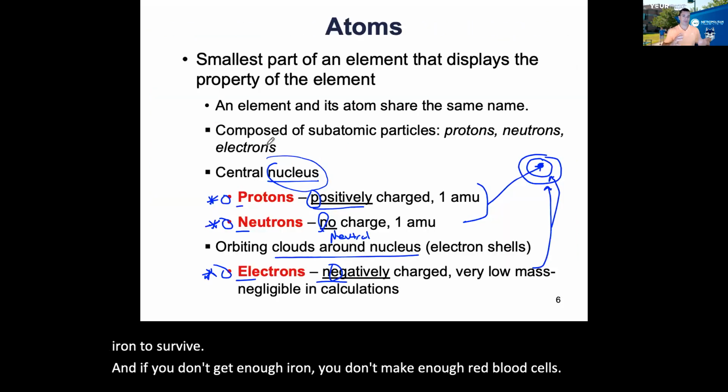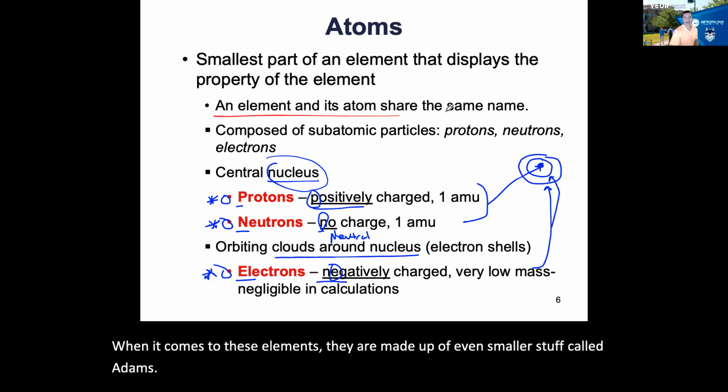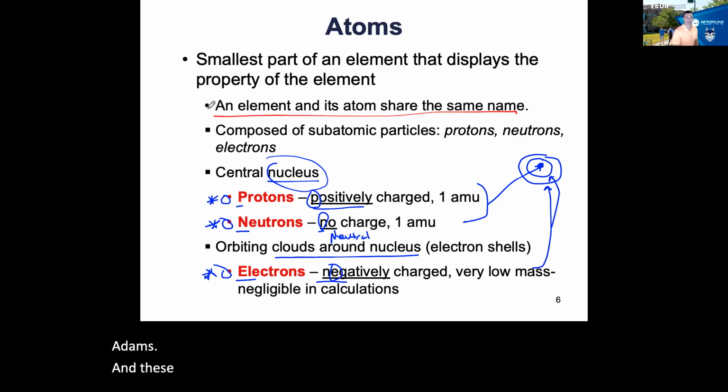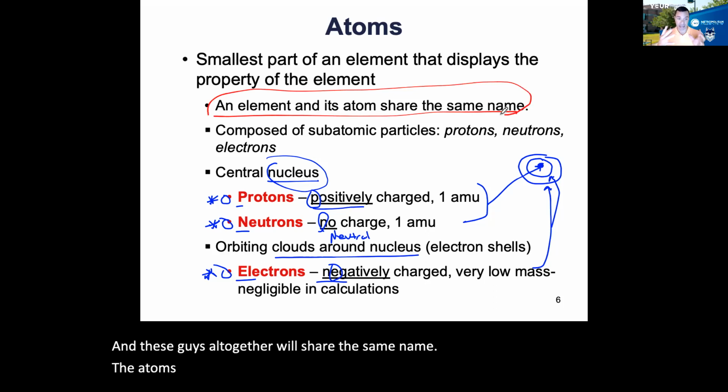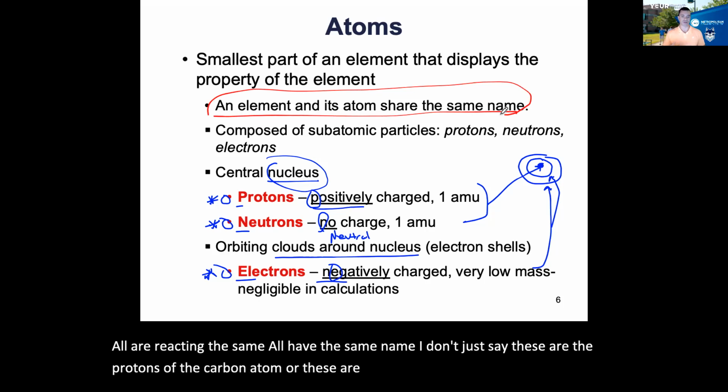When it comes to these elements, they are made up of even smaller stuff called atoms. And these guys all together will share the same name, okay? The atoms inside the element all react the same, all have the same name. I don't just say these are the protons of the carbon atom, or these are the neutrons or electrons.